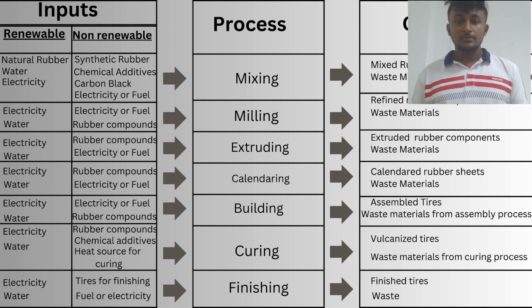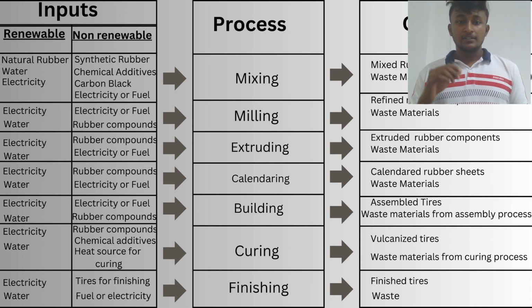As the non-renewable, the synthetic rubber produced in laboratories, chemical additives, carbon, pigment compounds and fuel or non-renewable electricity sources. Through this process, the mixed rubber compound and the waste materials produced are also considered as outputs.